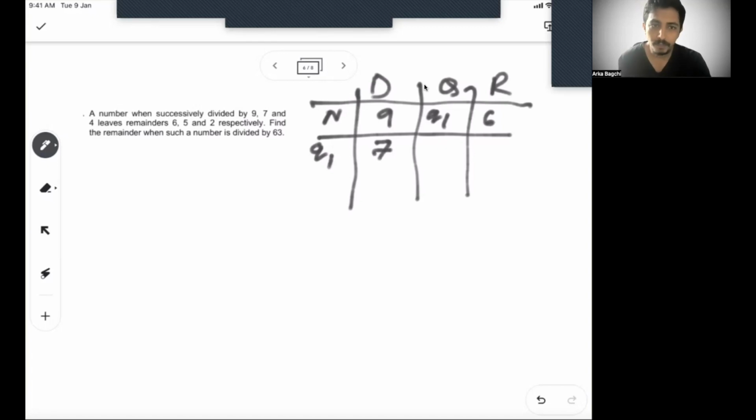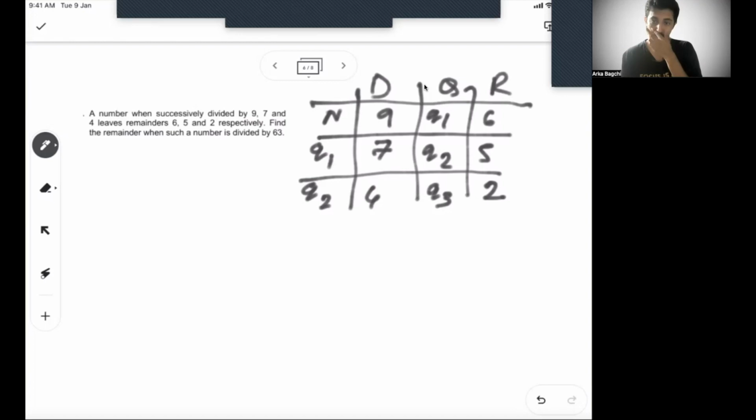So with 7, let's say your quotient is Q2 and the remainder is 5. Then Q2 becomes your number and you divide by 4. Let's say you got Q3 and a remainder of 2.